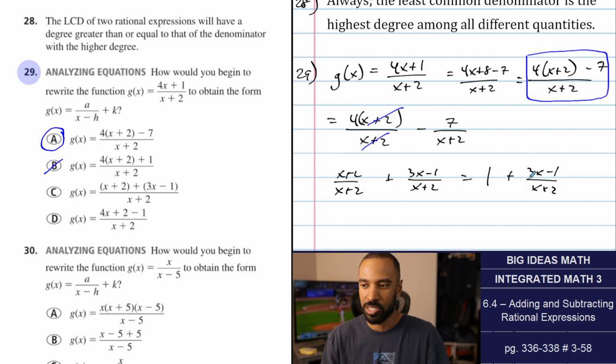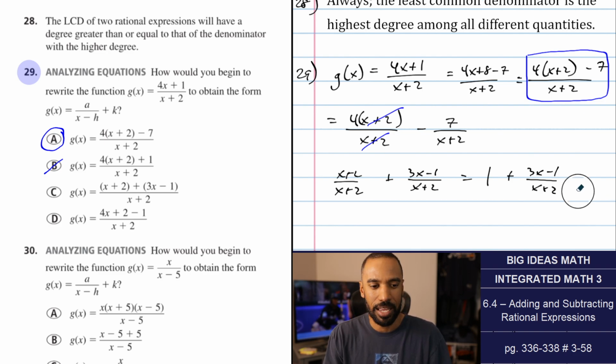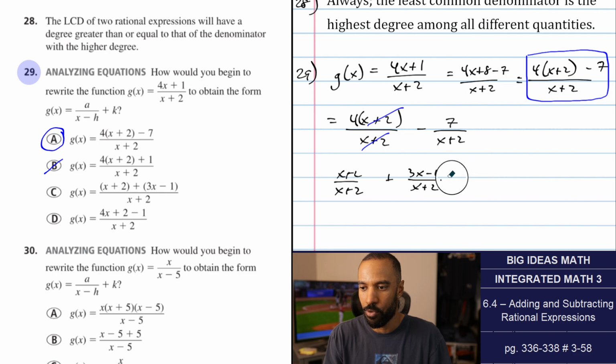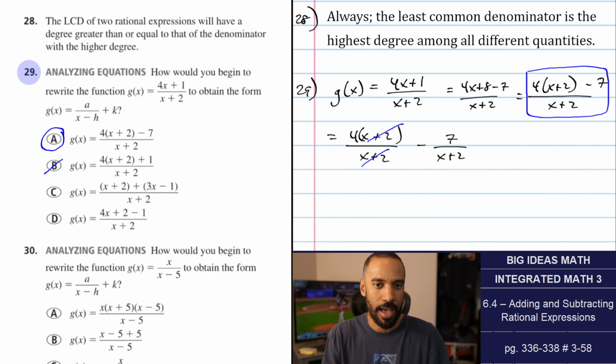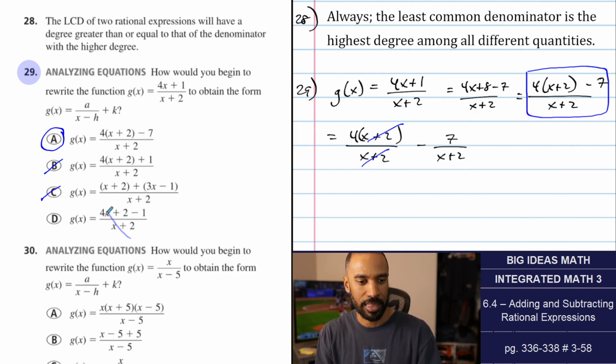The problem with this is, although this is a quotient, this has a variable in it. It is 4x plus 1 as a whole, and you're left with a quotient, but that value is not a constant. So C doesn't work because of that. D is 4x plus 1, yes, but this doesn't cancel anything on top and bottom. You can't just take the x plus 2s and make them go away like that. That's not quite how it works. So A is the correct option there.